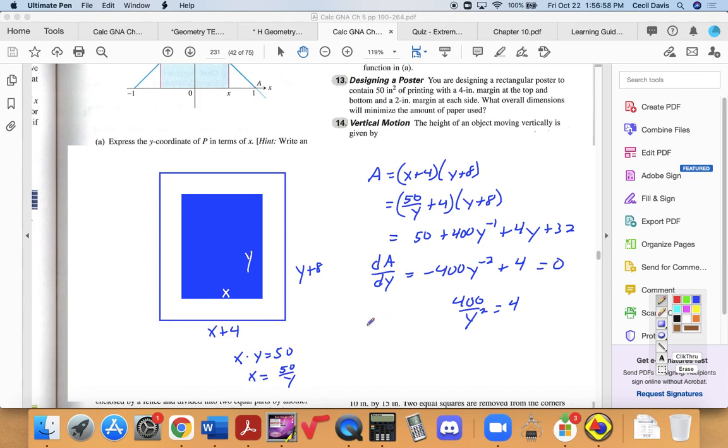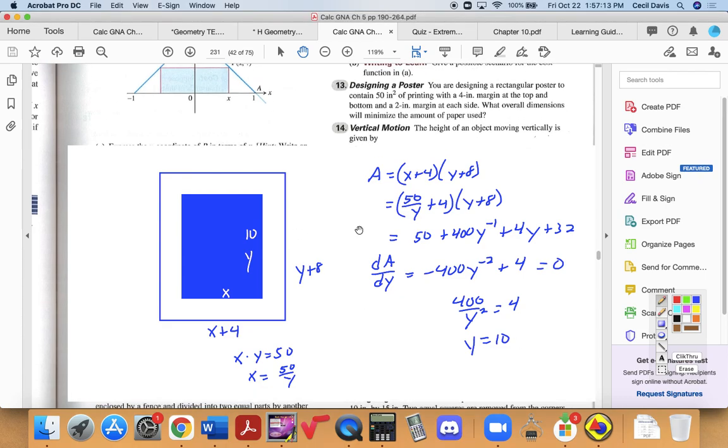I was like, why is this not coming out to be the same? It's because the variable's in a different spot. So yeah, you get y is equal to 10. So this distance is 10. So my piece of paper is 18. Much nicer.